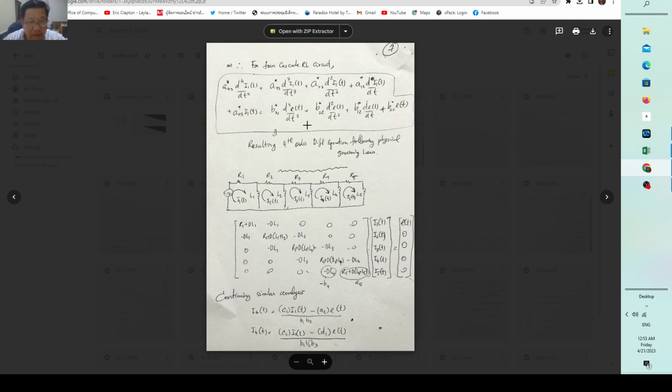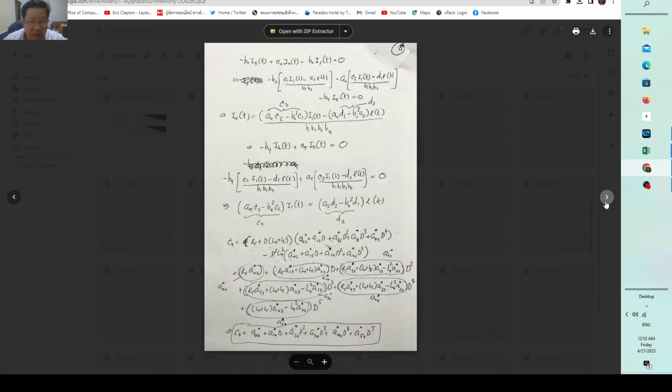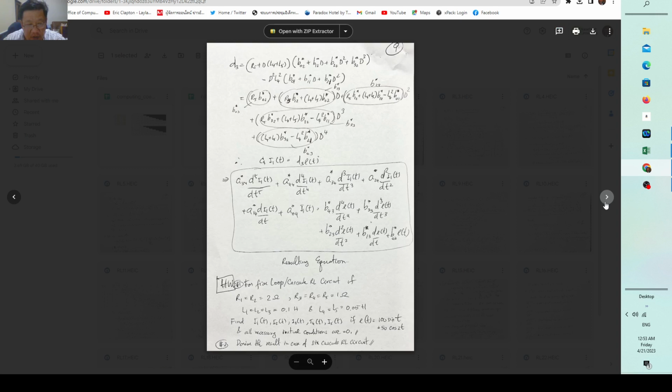When we start with the four stage cascaded RL circuit, the corresponding higher order differential equation is of order 4 in I sub 1(t). Now we go to the 5 loop RL circuit cascaded together. This one we went through in the last clip, so I'm not going to go through it again. And then again, we get the corresponding differential equation here.